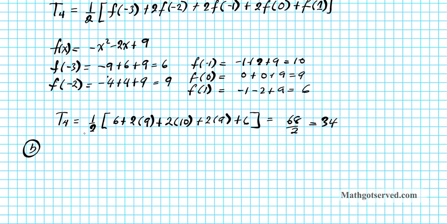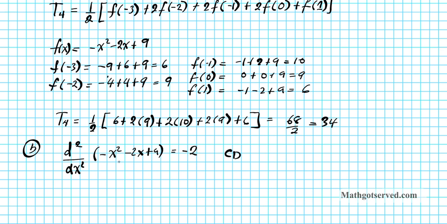So the second derivative of our function, -x squared minus 2x plus 9, if you differentiate this twice, your final answer is going to be -2. So what does that tell you? It's negative, so it's going to be concave down. Okay, so it's concave down.